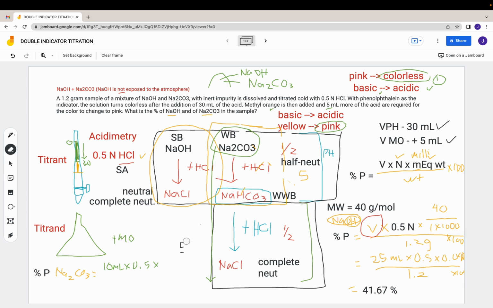Let me erase this bit here. This is 106. Again, the number of equivalents here is 2 times 1, positive 1 sodium.